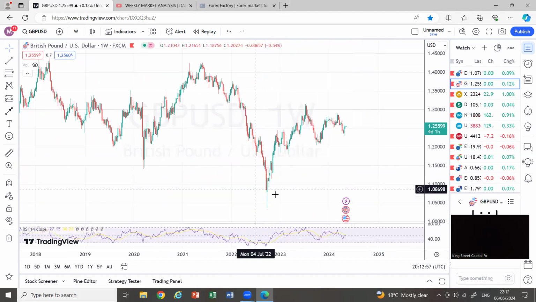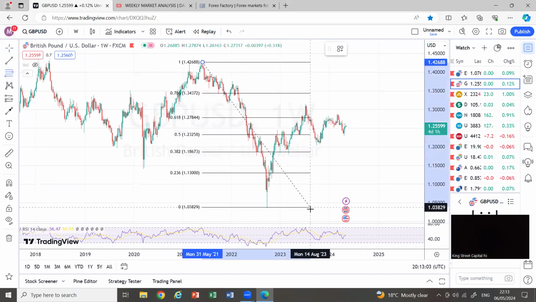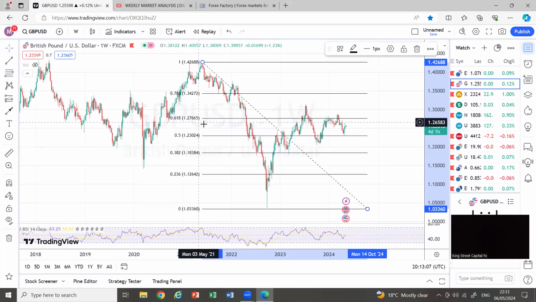So there's a huge wick. We can also see push to the downside. And if I pull out the Fibonacci, we can clearly see that we have reached this spot again, retest 0.5, 0.618.